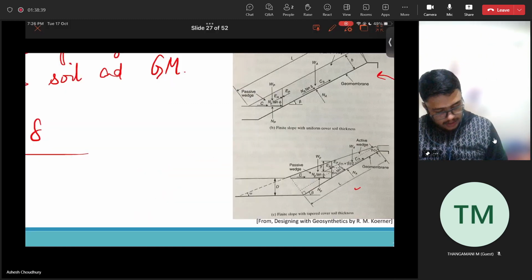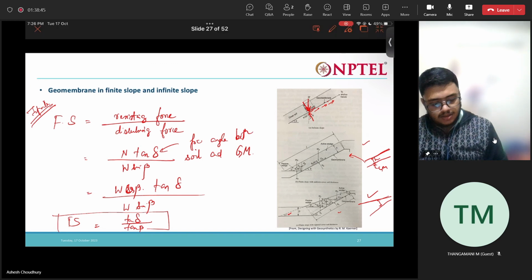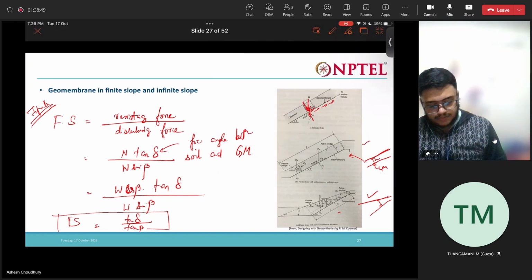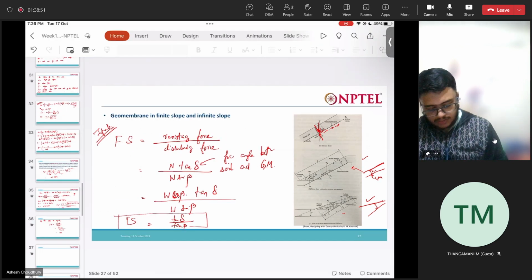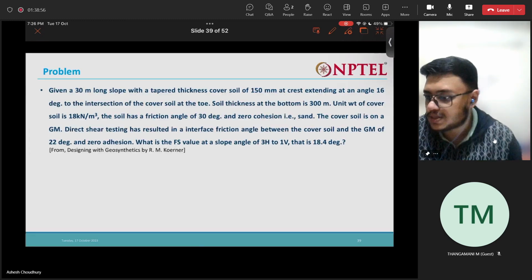This is the angle omega. Same problem, just for a tapered slope.